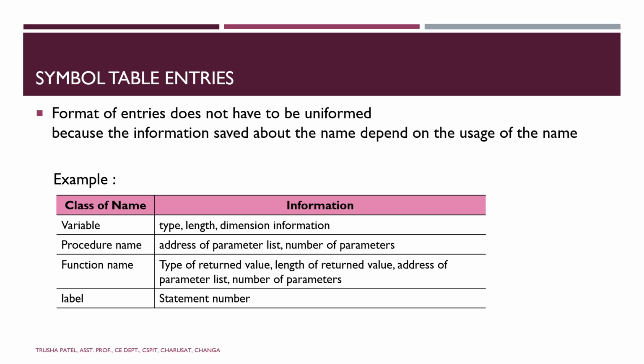But if we are going to save a label inside the symbol table, then only the statement number where you have mentioned that label is required. So as you can see, each name has different information associated with it, and so the size of the information field of any name cannot be uniform.